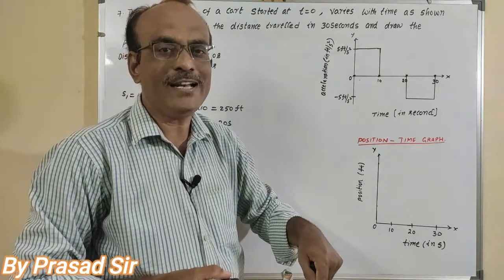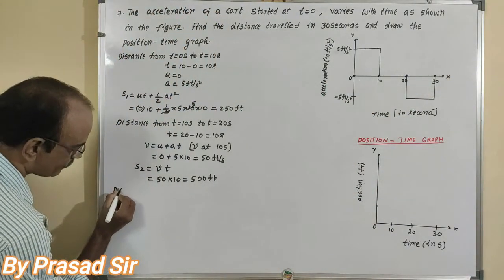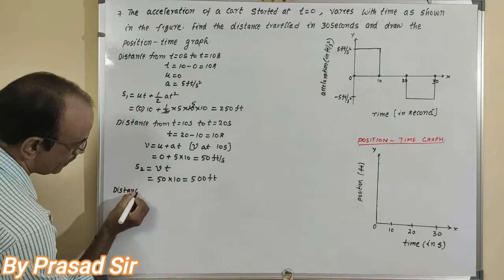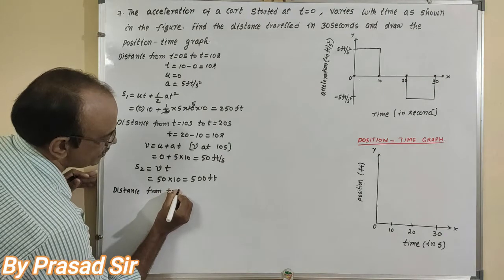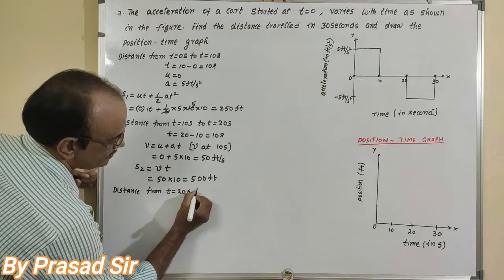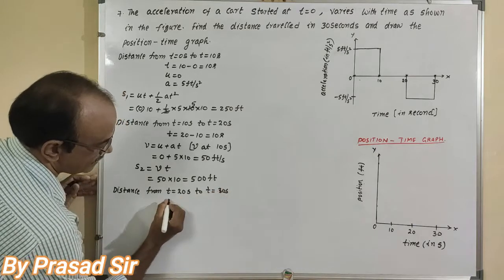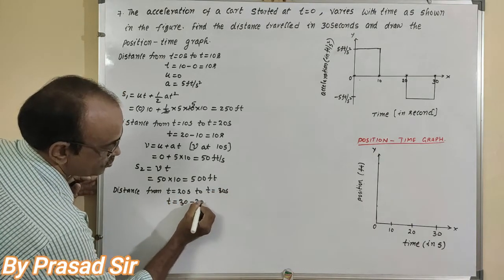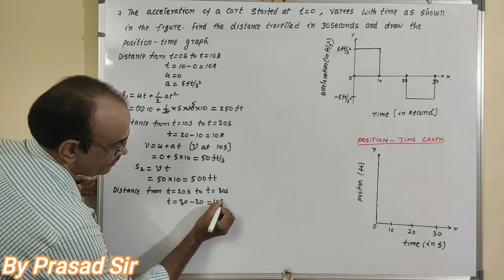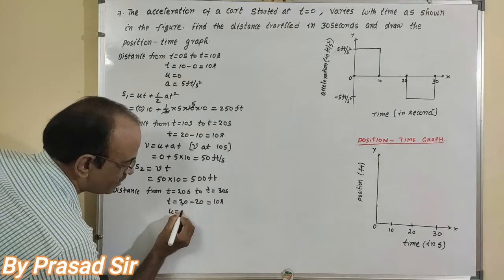Now I want to calculate the distance from t equal to 20 seconds to t equal to 30 seconds. Here t is 30 minus 20, equal to 10 seconds. Again the time is 10. But what about the initial velocity?